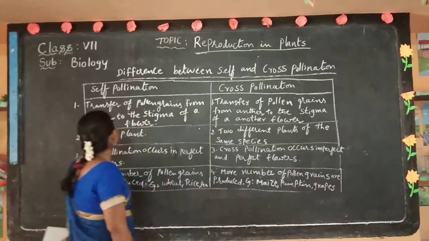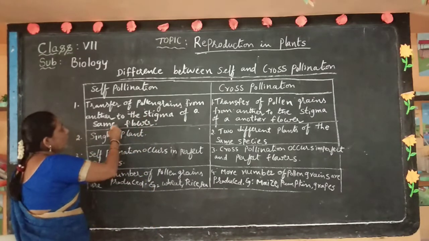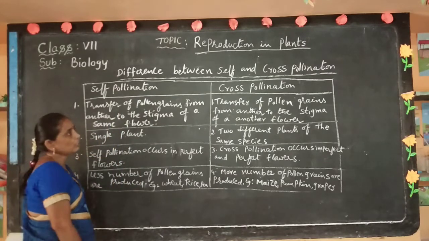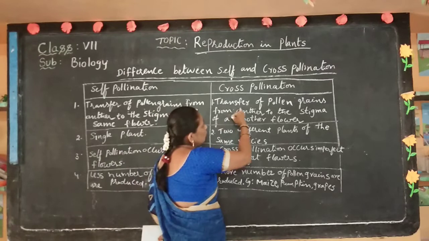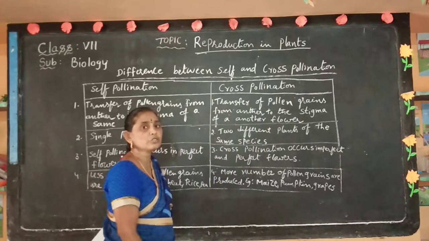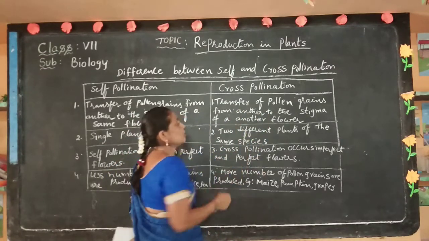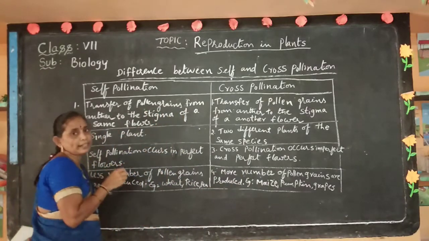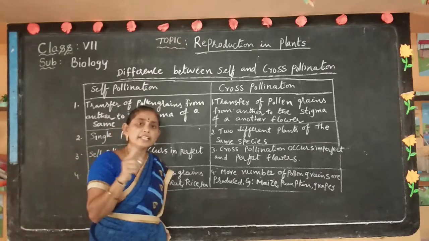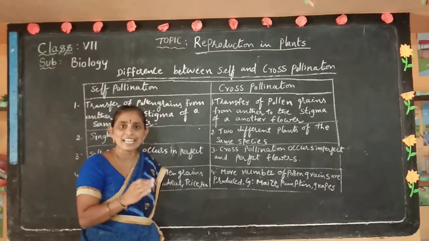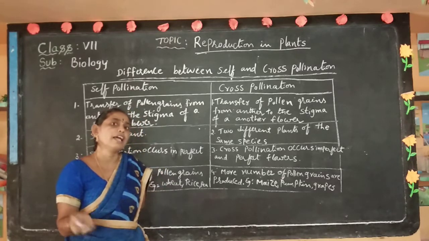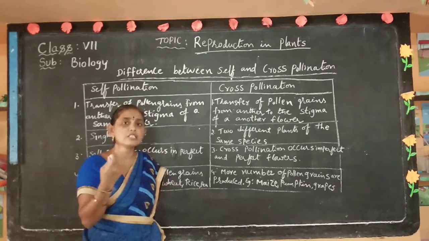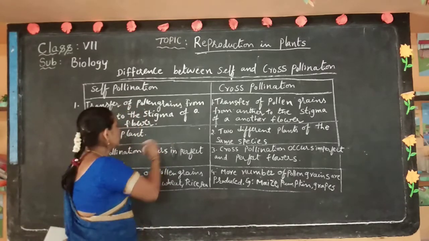Okay, see, the transfer of pollen grains from anther to the stigma of the same flower is self-pollination. But in cross-pollination, the transfer of pollen grains from anther to the stigma of another flower occurs. Self-pollination occurs in a single plant, containing both sex organs, stamen and pistil, androecium and gynoecium, in bisexual flowers.